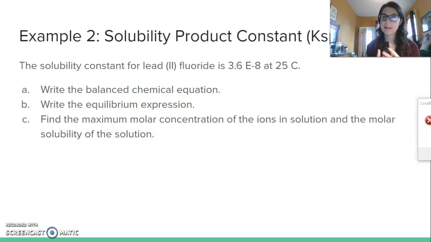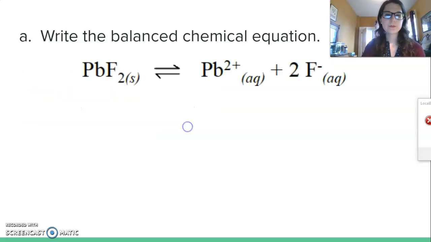And then we want to find the maximum molar concentration of the ions in solution and the molar solubility of the solution. So in this example, we are given Ksp, the solubility constant. We want to find the solubility of this salt, which is the maximum concentration at equilibrium.